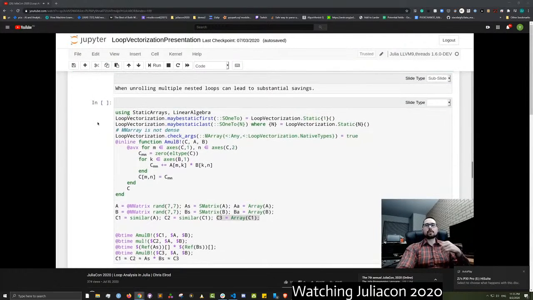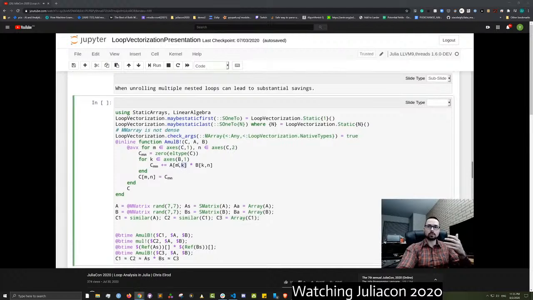So now, another optimization that loop vectorization provides where we can get a substantial performance benefit is that it tries to eliminate any redundant loads that it can. Well, any redundant operations, but the most extreme examples of redundant operations are loads.